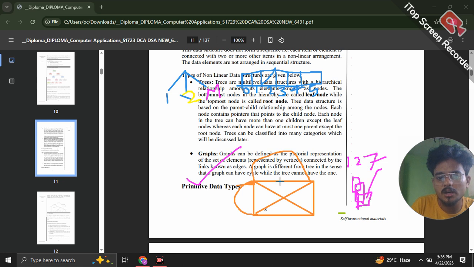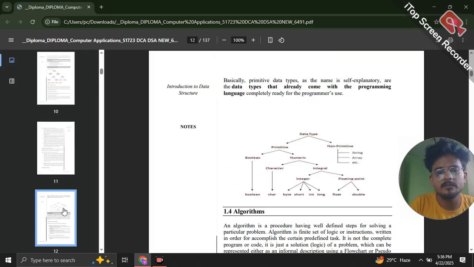These are your links, connected by what is called an edge, and these are called your vertices. Okay, so these are the things. So this is called your graph. Let's move to the next page.